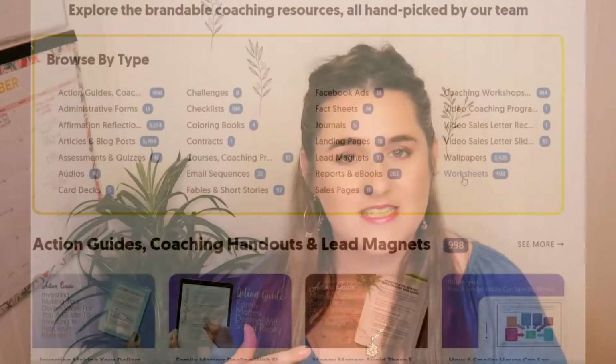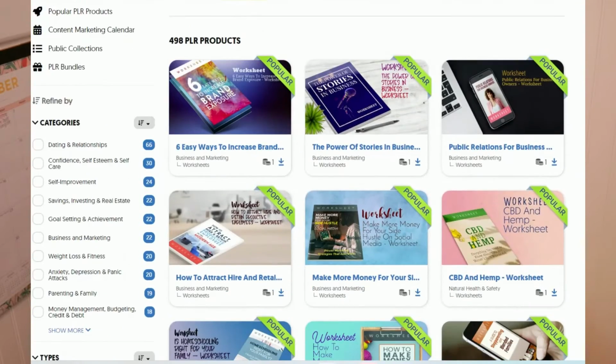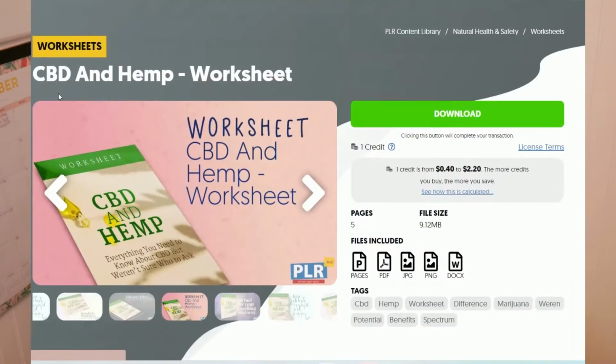So some examples of PLR products could include workbooks, ebooks, checklists, video content, courses, and so much more. Really just any type of category you could even think of. So regardless of what your niche is for products that you sell on Etsy, you can find PLR for it out there on the internet, trust me.